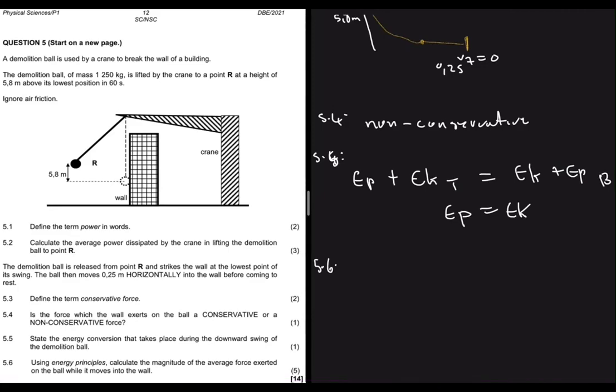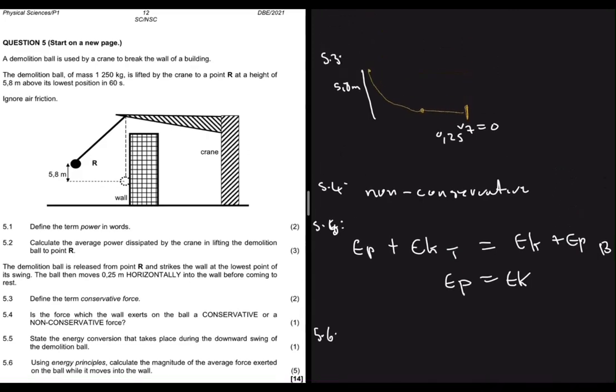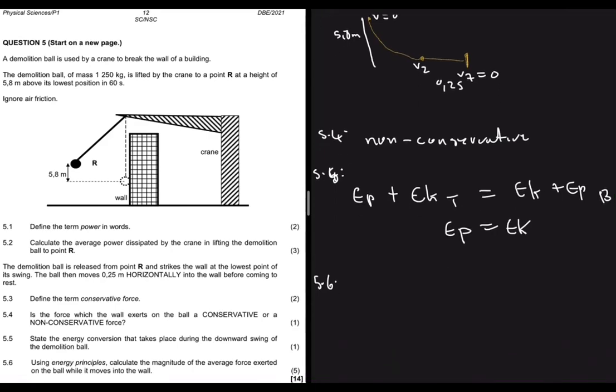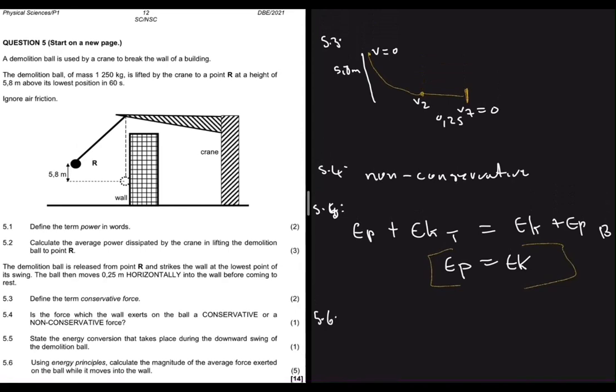So if we can determine EP at the top to find EK, then we can find the velocity at the bottom, right? So here the V is 0 and here the V is the max for that journey. So let's call it V2, right? So if we use this formula, EP equals EK, we can determine this velocity, right? And then maybe we can see what we can do with that velocity.